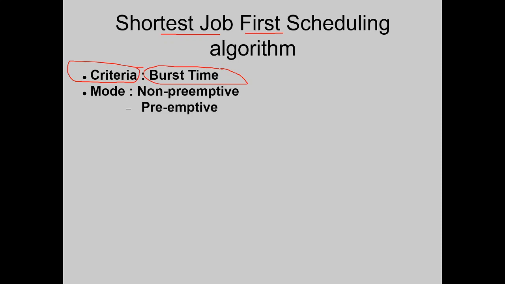It also has two modes, that is non-preemptive scheduling and preemptive scheduling. First we will study non-preemptive. In non-preemptive scheduling, once the CPU is allocated to any process, the CPU will not be taken away unless it finishes its full execution.